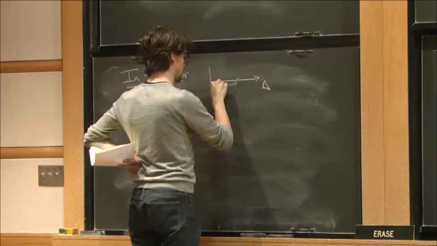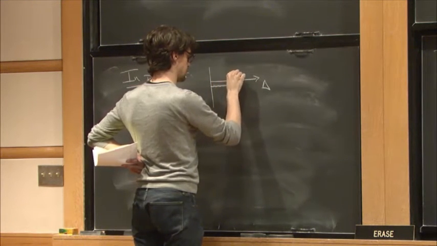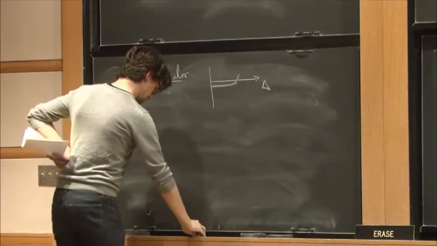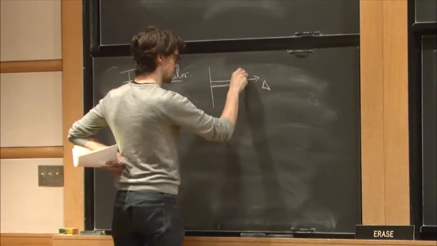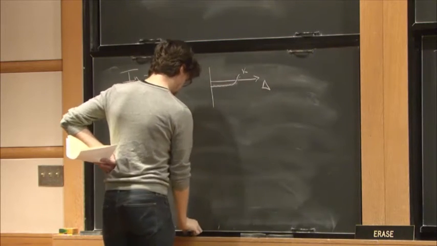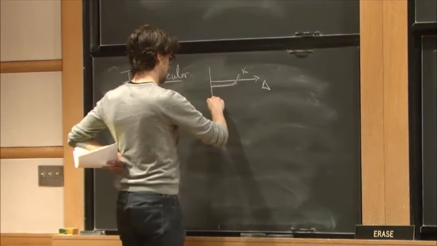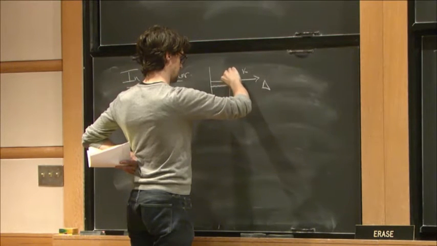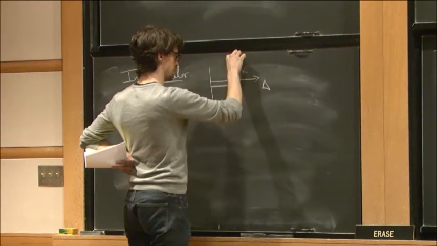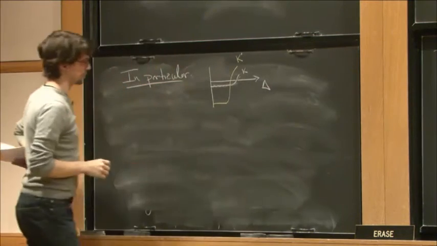You have this function k, and you have this other function, maybe really negative, K prime.